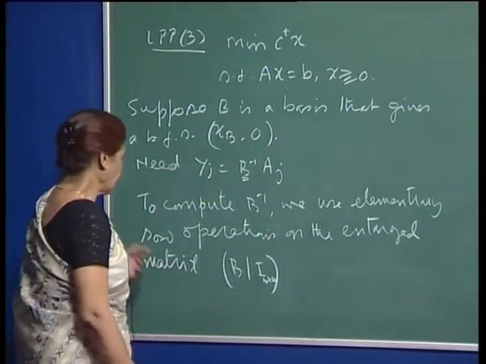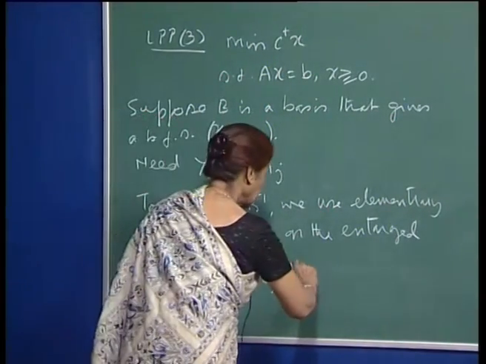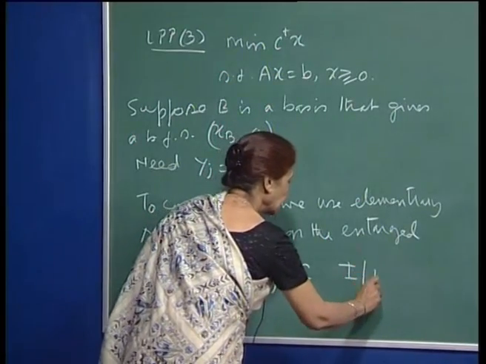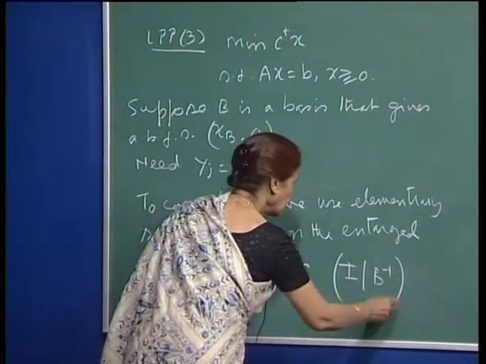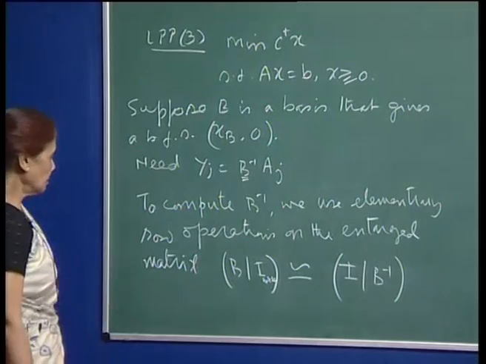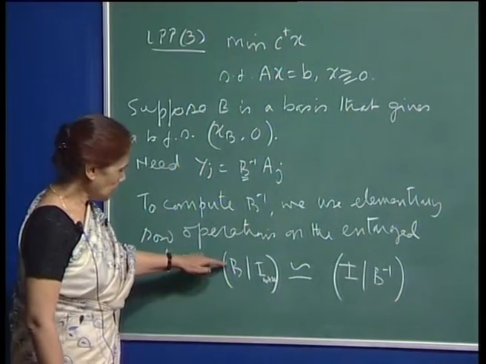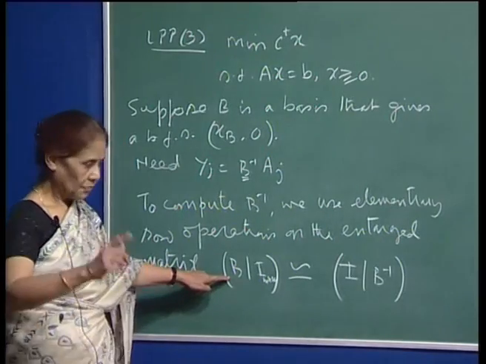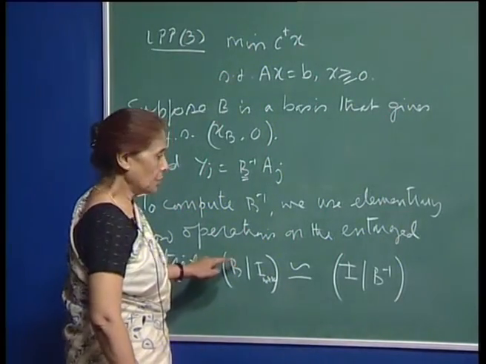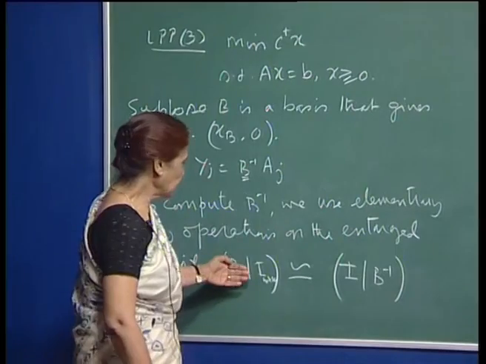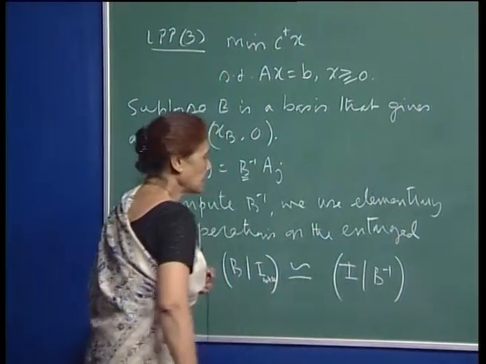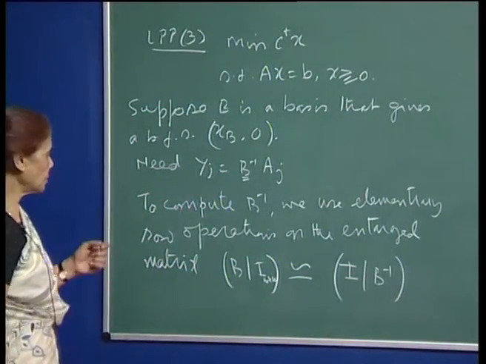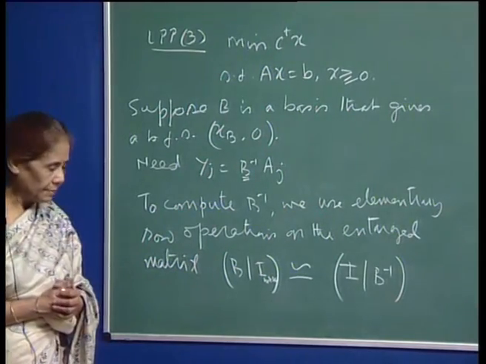I do this and I reduce B to I, then what you get here is your B inverse, because by elementary row operations I start making the first column as 1 0 0, the second column as 0 1 0 0, and so on. When I do this, you get B inverse on the right hand side. So, this is how you compute the B inverse.